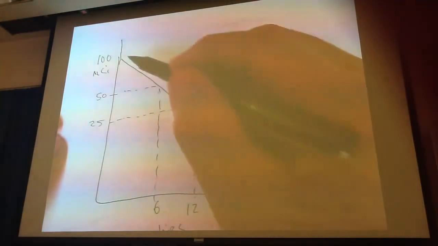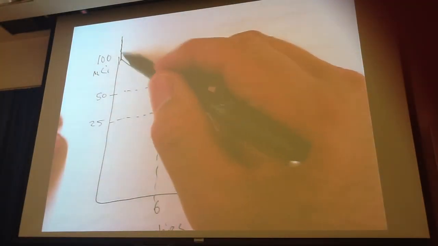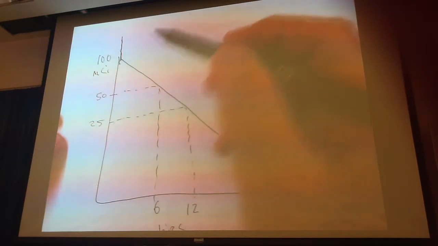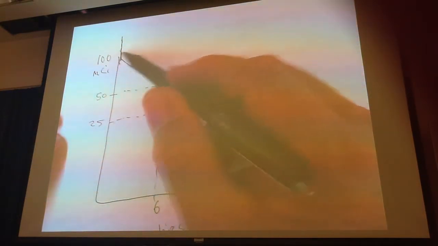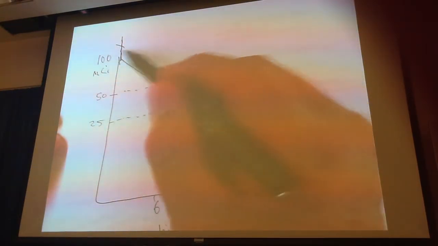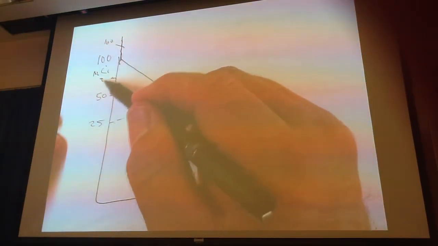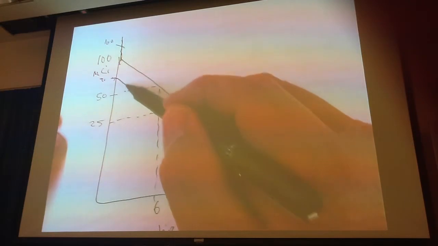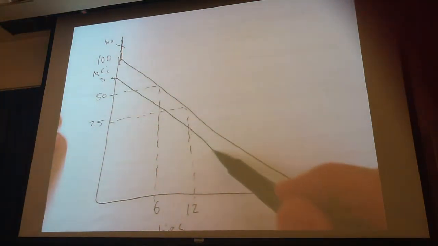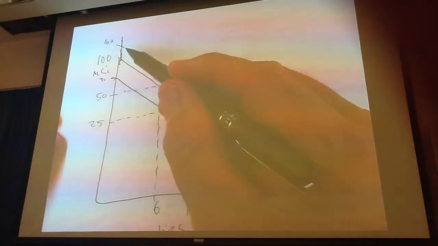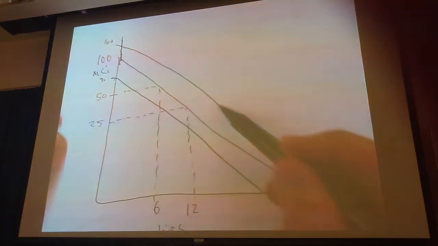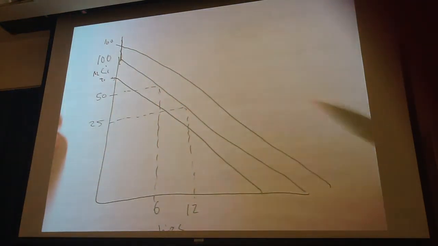What they typically do is they'll give you the range. So plus or minus 10% means that you're allowed a range of 110 to 90. So you get two graphs that are following that linearity there. This is probably the quick and dirty way to do it.